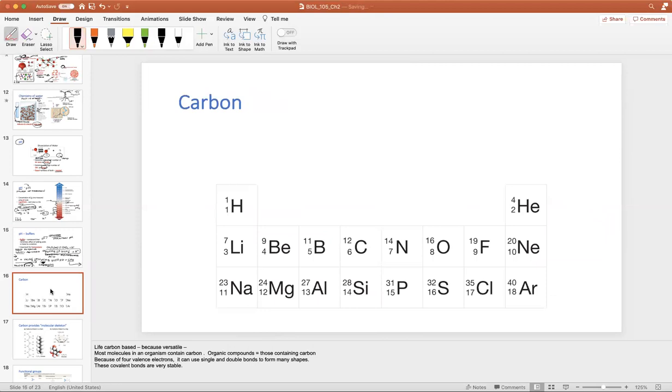All right, let's switch gears. We've talked plenty about water. Let's switch gears and talk for a minute about carbon. So that is this guy here, okay? We often say that life on Earth is carbon-based, and the study of the chemistry of carbon is called organic chemistry.